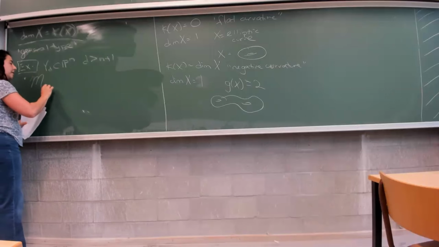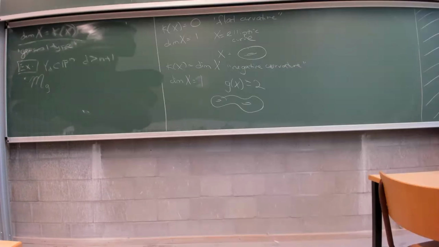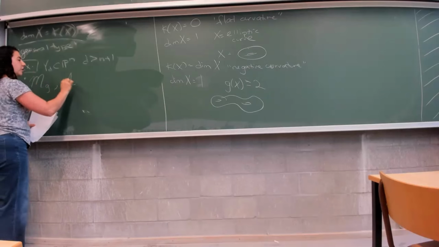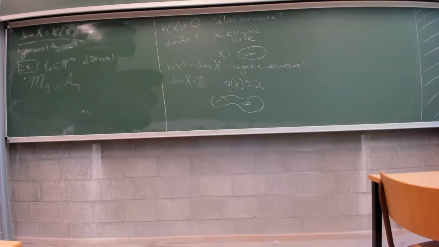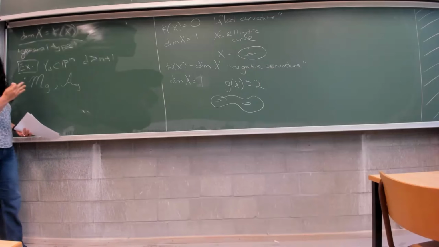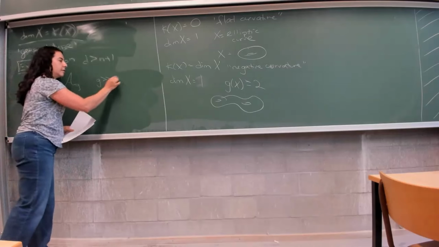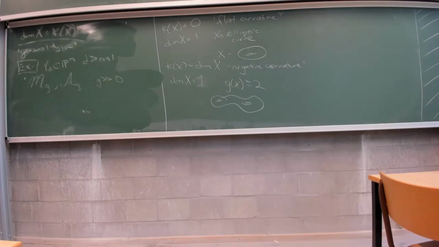So if we think about moduli spaces of smooth curves of genus g, for instance, this space is general type. And same for the moduli space of abelian varieties of dimension g. These are both algebraic varieties, quasi-projective varieties, which as g gets sufficiently large become general type.